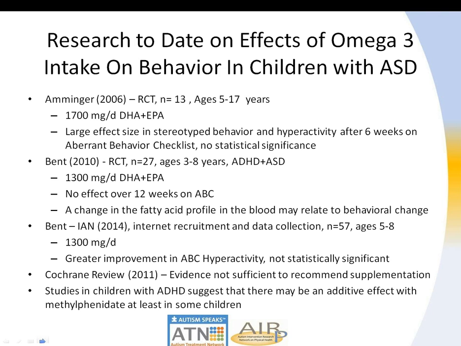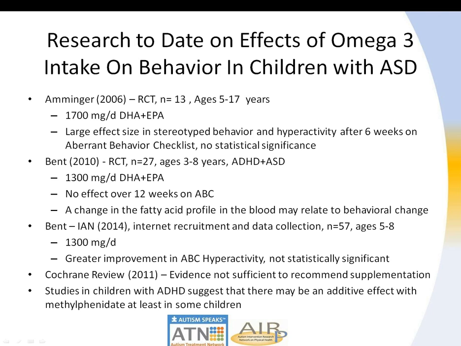So why are we interested in omega-3s in children with ASD? Because they have physiologic impact on stabilization of membranes in the CNS. They have a role in both production and metabolism of dopamine and serotonin, among other neurotransmitters. There's been great interest in the role of omega-3s in neuropsychiatric disorders.